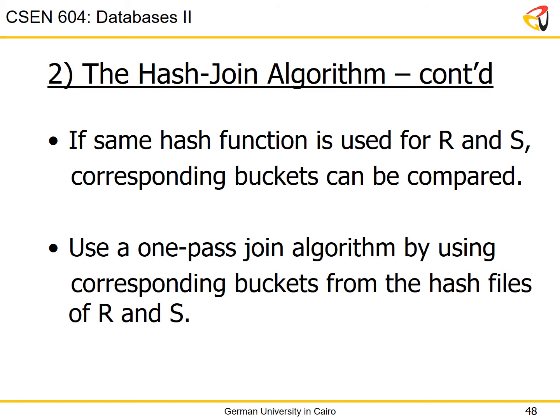And instead of trying to search in the whole of S for 50, I will find it in bucket 7 in both hash tables. So comparing the buckets is an efficient way to do any SQL function that you'll be interested to do. This doesn't just include joining.